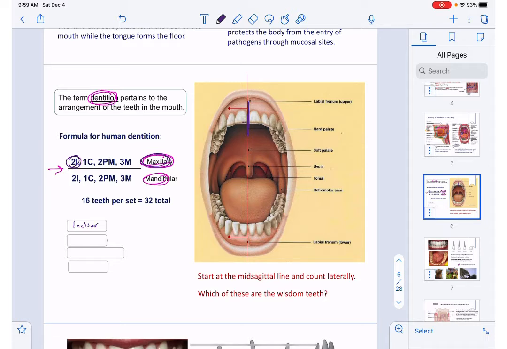So these first two teeth are the incisors, and specifically the first one is the central incisor, and that's the lateral incisor. The next tooth we encounter, they label as 1C. What does that C stand for? That C stands for canine, and so that's our canine tooth.